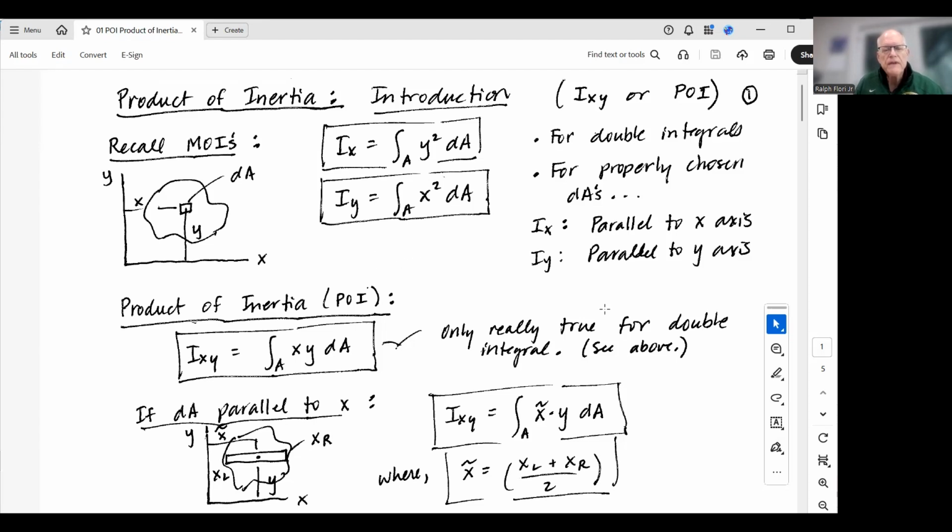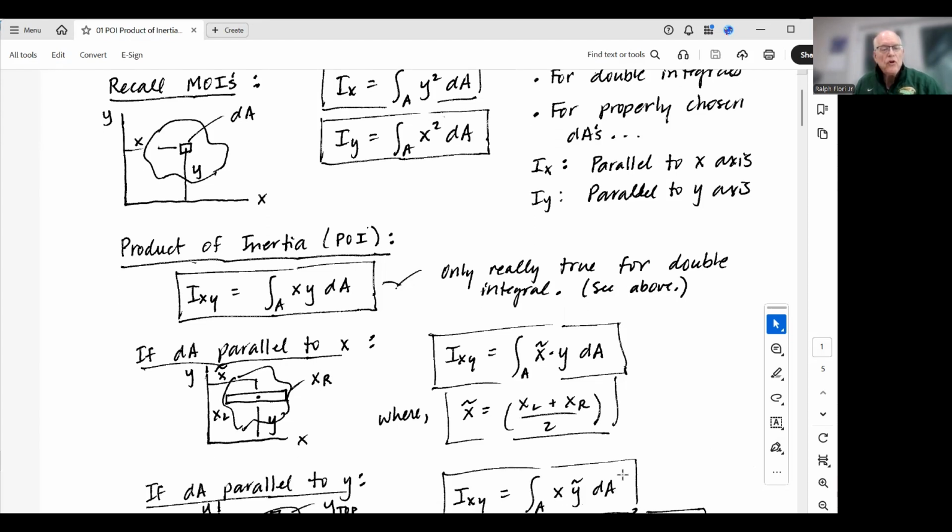Product of inertia is defined as the integral over the area of xy dA. Again, it's the same area, the same dA, it's xy. This is the way Hibbeler gives it on his crib sheet. But this definition, as listed, is really only true for a double integral. If you use a single integral, it's a little bit more complicated.